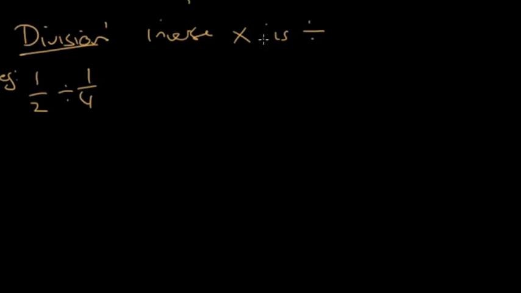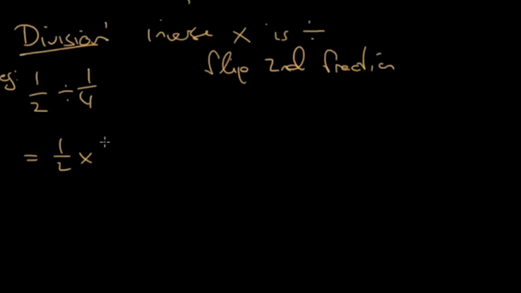And vice versa. So all we do is flip the second fraction, and we find that 1/2 divided by 1/4 equals 1/2 times 4 over 1, which is again just top times top, bottom times bottom. 1 times 4 is 4, 2 times 1 is 2. And does that simplify? Is there a highest common factor? Well, yes, 2 goes into both of them, so we have 2 over 1, and anything divided by 1 is just 2.